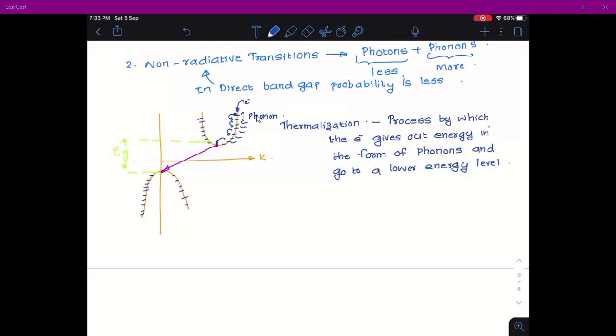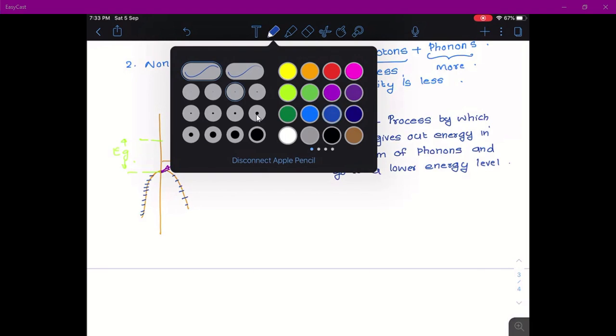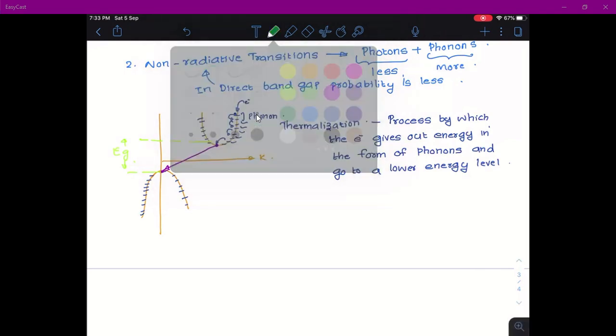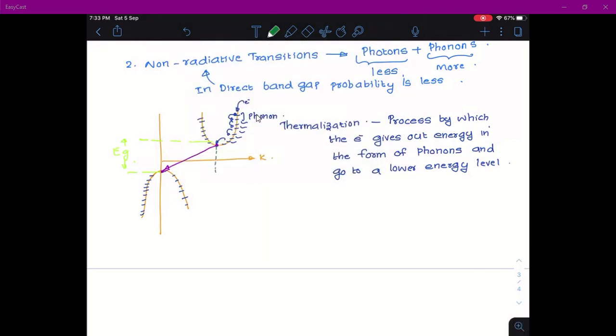Now once it reaches the bottom, it can travel to the valence band in an indirect semiconductor obliquely by emitting phonons again. So it can change its energy by emitting a photon, and it can change its momentum by emitting a phonon. So it will come down and change its momentum.